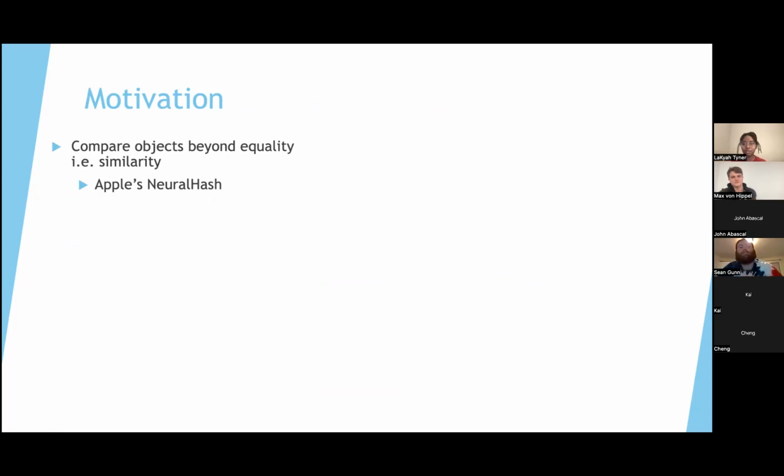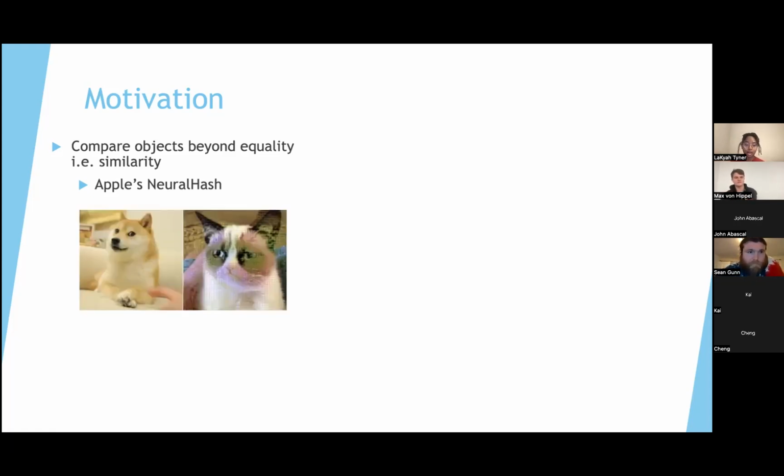They wanted to be able to compare the hashes of images that were known to contain child sexual abuse material, or CSAM, with the hashes of the images that were stored on their cloud, and determine if there was some similarity between those images. Unfortunately, their solution was not robust because outside parties were able to find two completely different images that hash to very similar outputs. And this is, of course, very problematic.